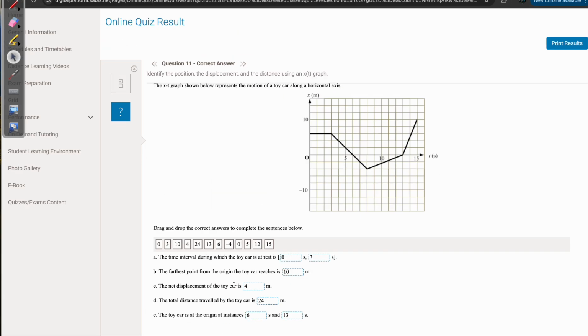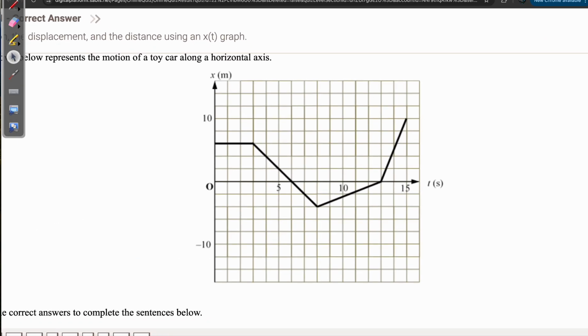The net displacement of the car: we just do x final, which is 10, minus x initial, which is 6. So 10 minus 6 is 4 meters. That's the displacement.